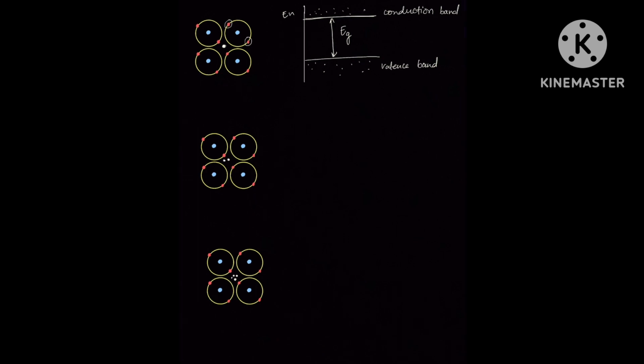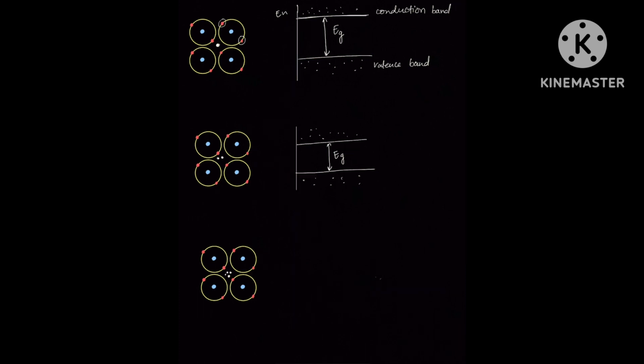And for another situation, suppose there are two free electrons. So we will draw its energy levels. This will be the energy for valence electrons and this will be the energy for conduction electrons, which are the free electrons. So here this is called the band gap again.